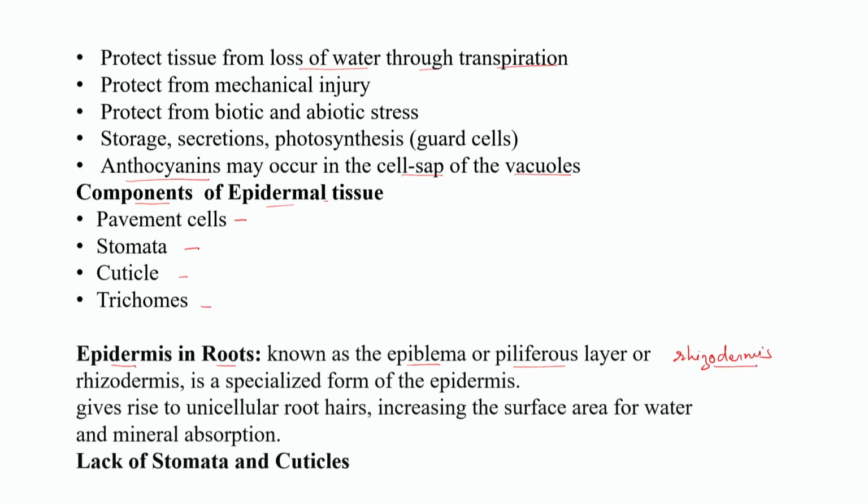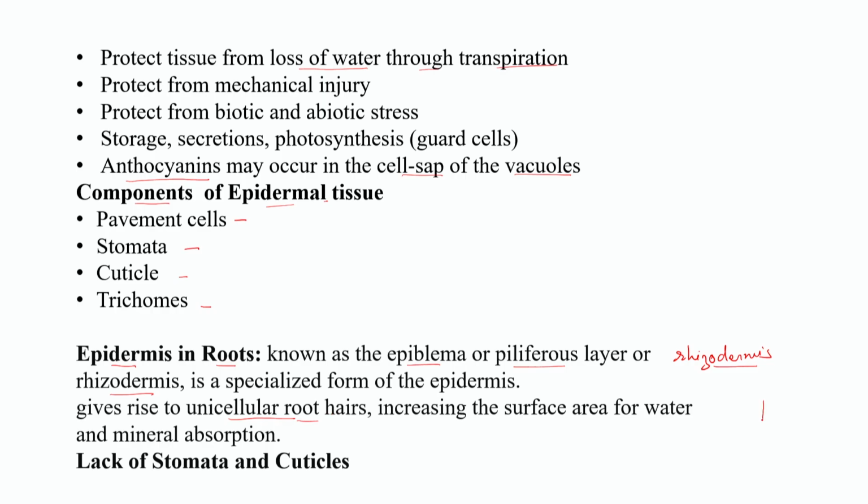Okay. They are specialized forms of epidermis, and we can differentiate between them in this way that this rhizodermis gives rise to unicellular hair. Okay. They give rise to unicellular root hairs.